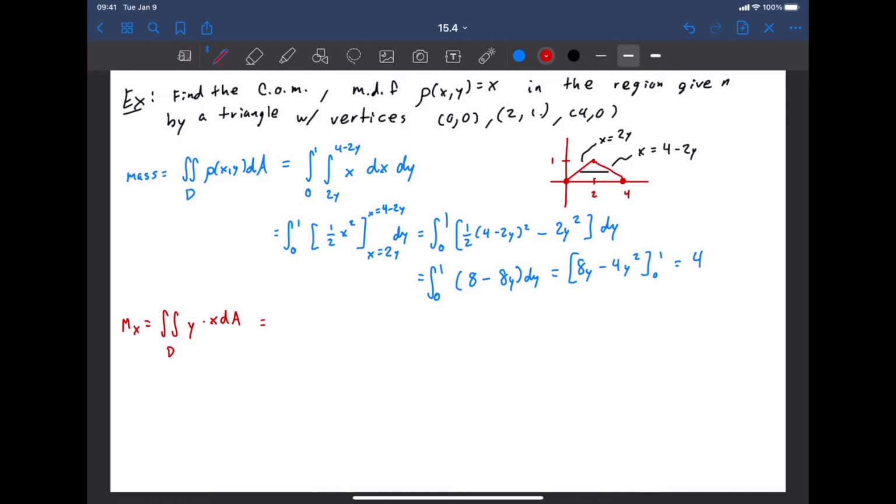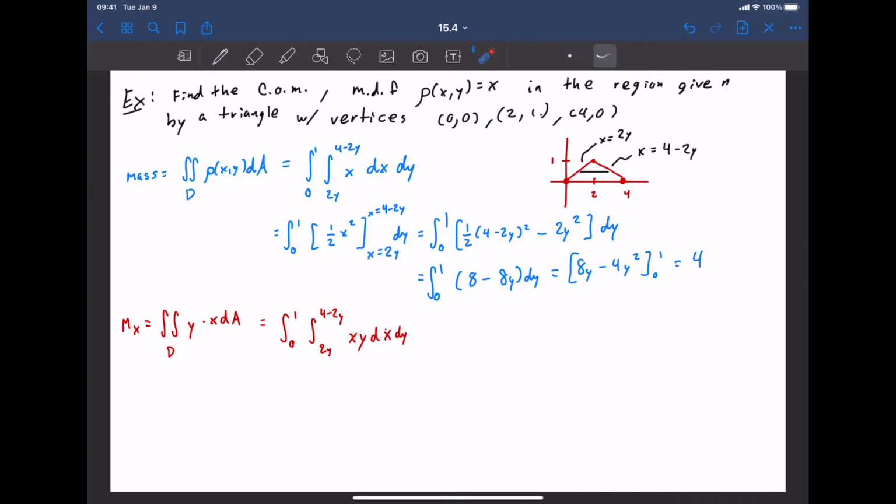But for the most part, this integral is going to be very similar. We're still going to want to iterate it the same way we just did. And in fact, even with that extra y there, that ultimately won't affect the process. If you're unsure what I'm saying, you should go ahead and try it out.